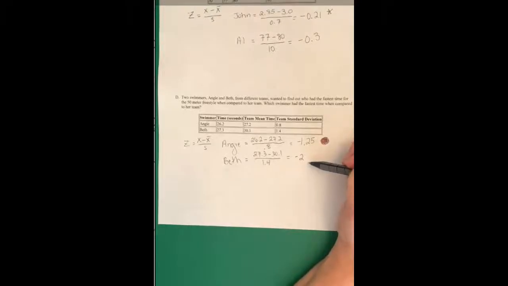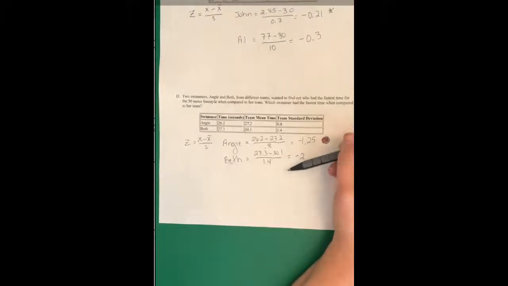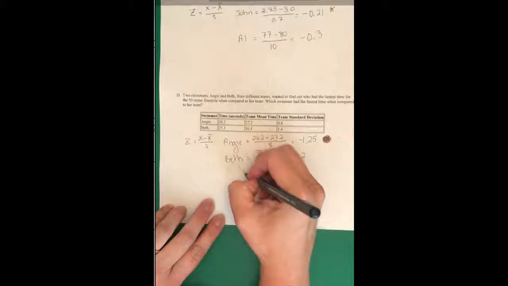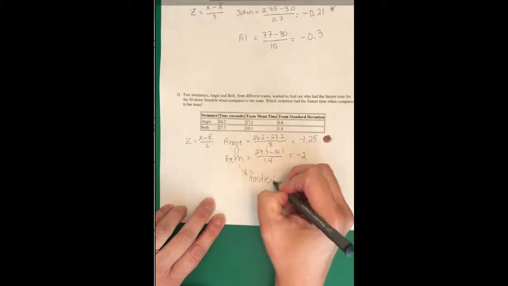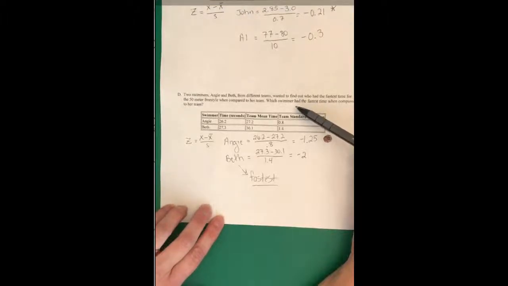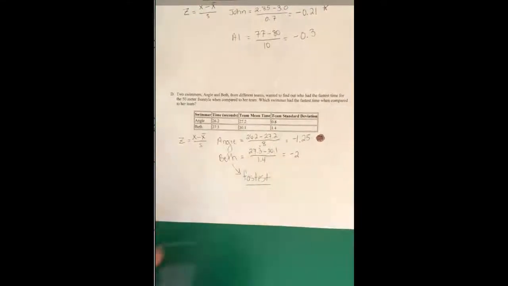So when you think about Beth and Angie, Beth is farther in the negative, so she is farther away from her team's mean time than Angie is, which means that Beth is actually faster, and she is the fastest of the two. So be careful: you have to think about each scenario and what the goal is. Make sure you're reading the problems completely and understanding everything fully.